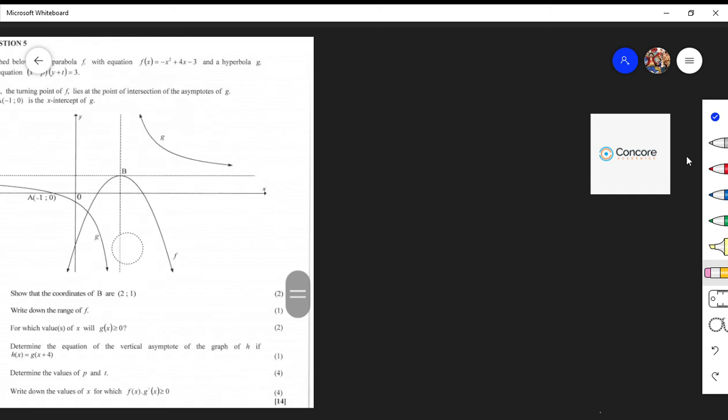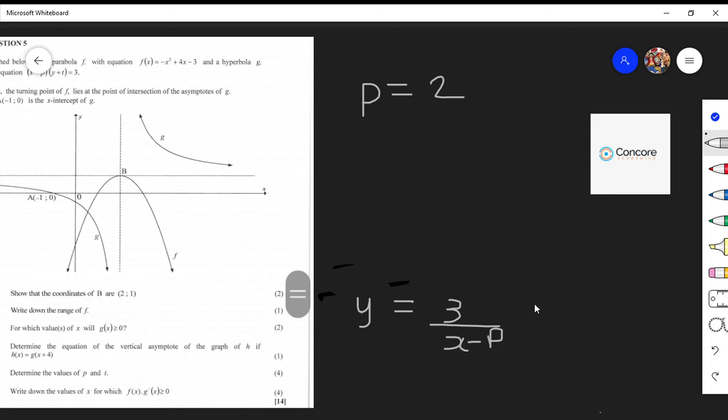So if you want to use that, you could have just said, okay, we started with p is equal to 2 from our x value of b, and then using our b point again. Remember we had our equation as y is equal to 3 over x minus p, minus t.